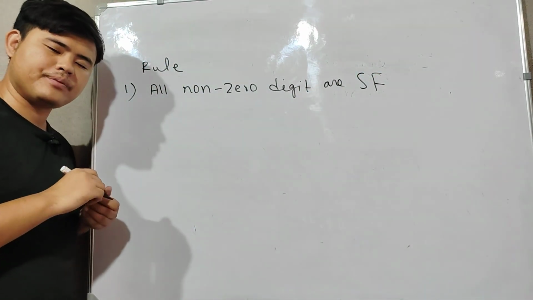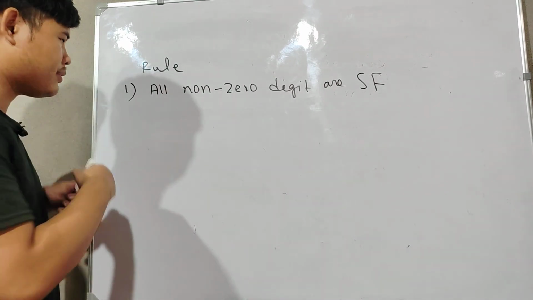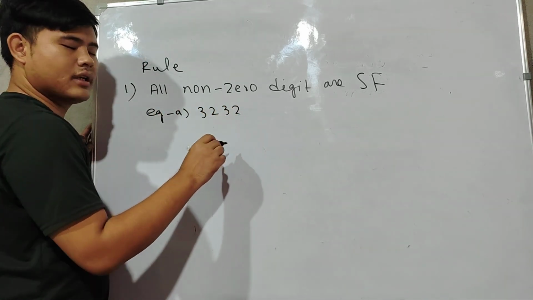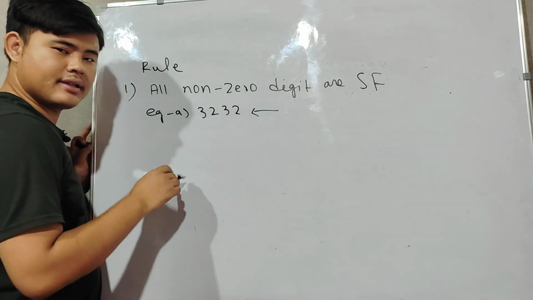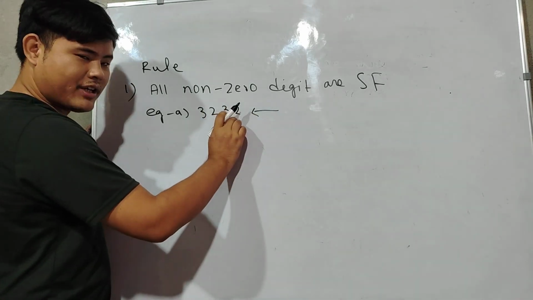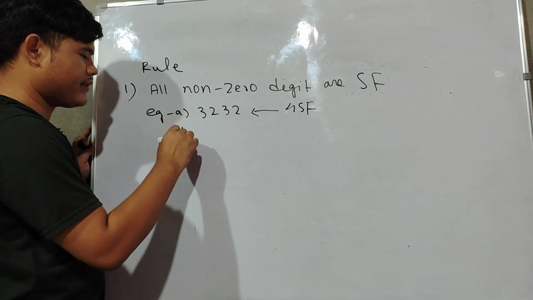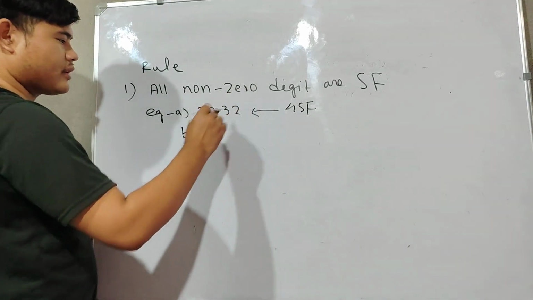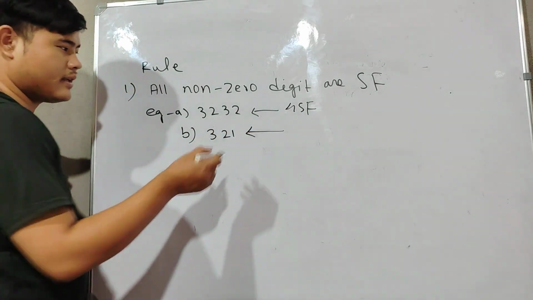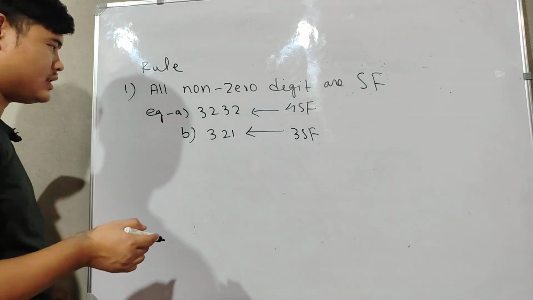For example, if we have 3232, these are all non-zero digits, so these are all significant figures. How many significant figures do we have here? 4 significant figures. Example B, suppose 321. How many significant figures are here? 3 significant figures, because these are all non-zero digits.